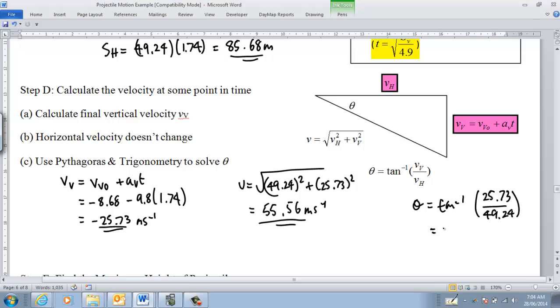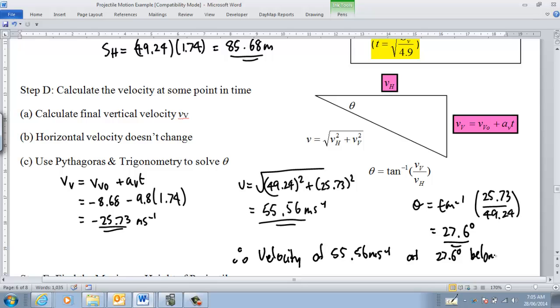So equal to 27.6 degrees. So therefore the velocity is 55.56 meters per second at 27.6 degrees below the horizontal. Alright, so you get the idea again.